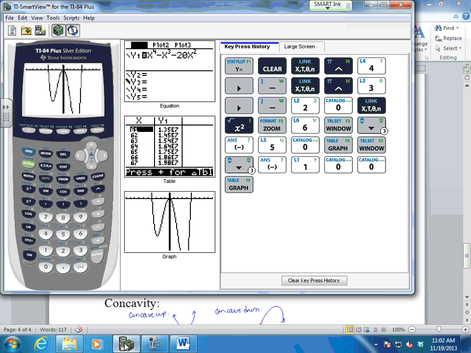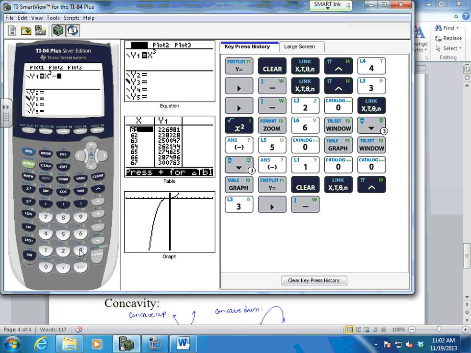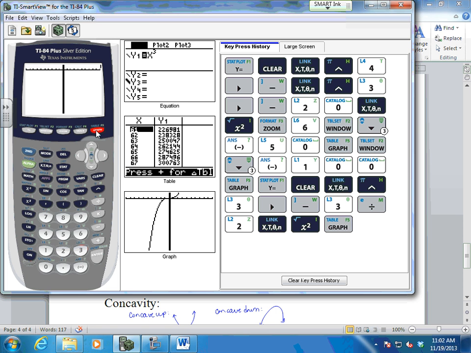Let's put this in your calc and get a good feel for this. But you guys already pretty much described it to me. So let's see if this is what we ended up with. Alright, let's graph this.